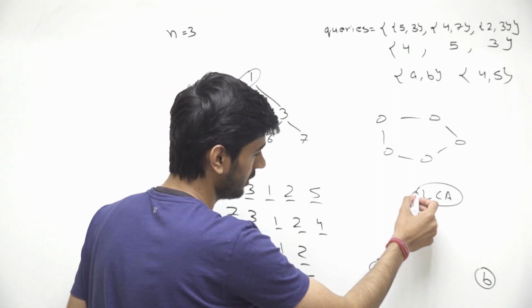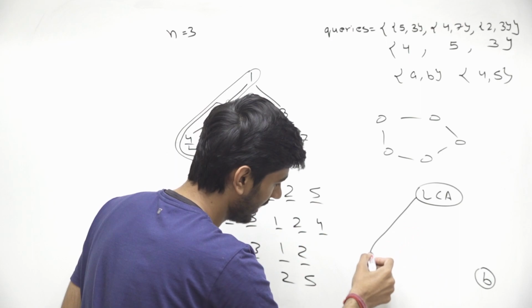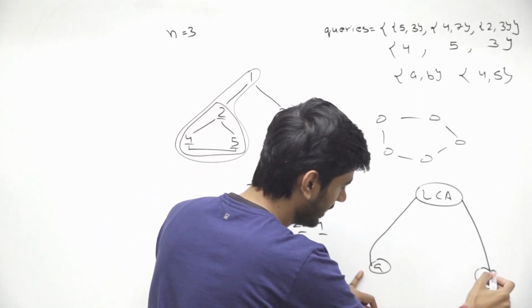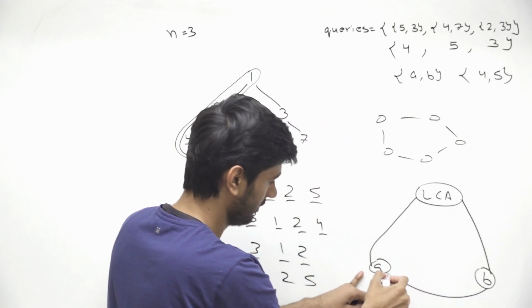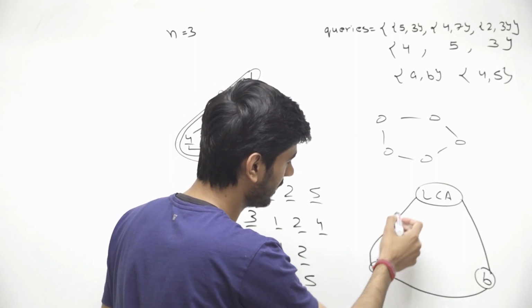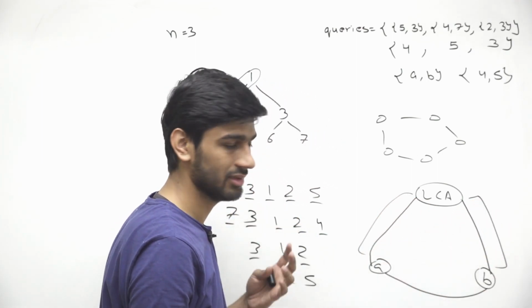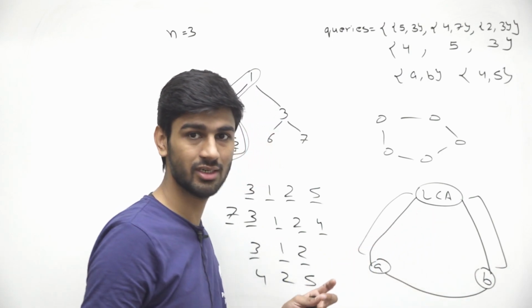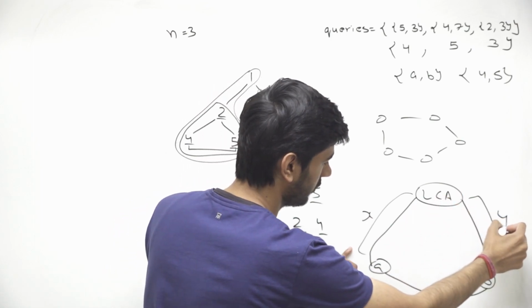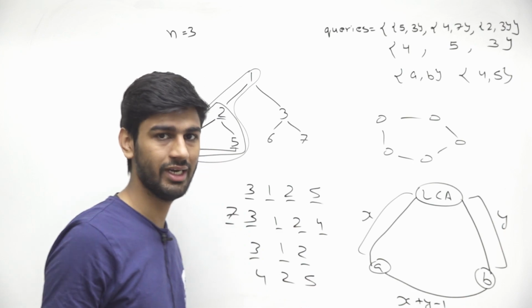So we can find out the number of nodes that are present on the path from LCA to A. Then we can find out the number of nodes from LCA to B, and A and B are already connected because of the query. Now we can find out how many nodes we have in this path and how many nodes we have in this path, and then we can subtract 1 because the LCA will be considered in both paths. So let's say we have X nodes in this particular path and Y nodes in this particular path. So the answer will be X plus Y minus 1, all right?